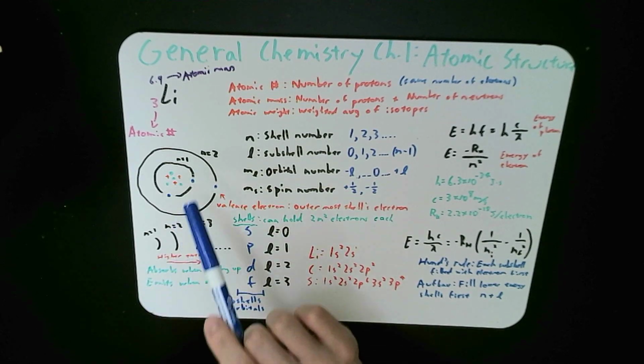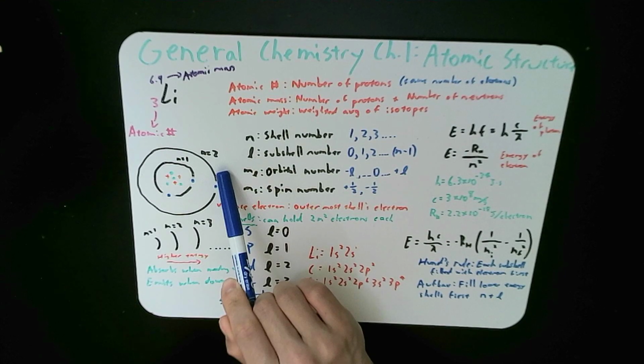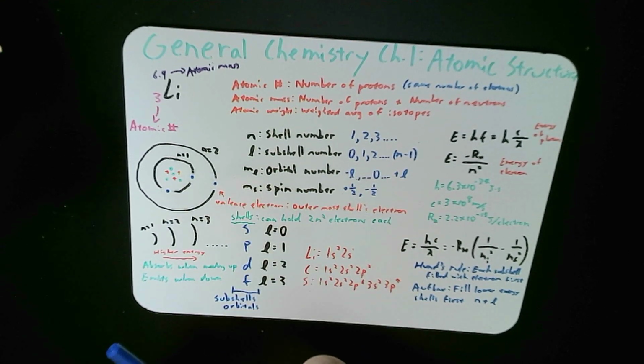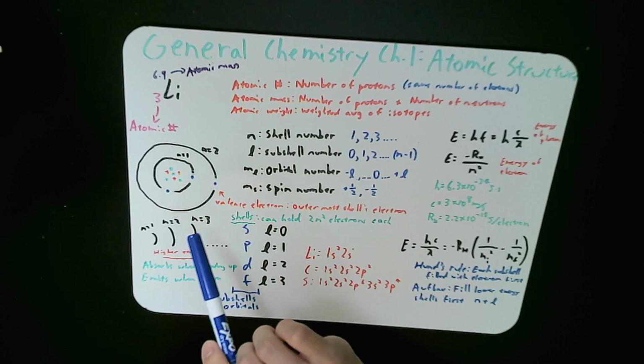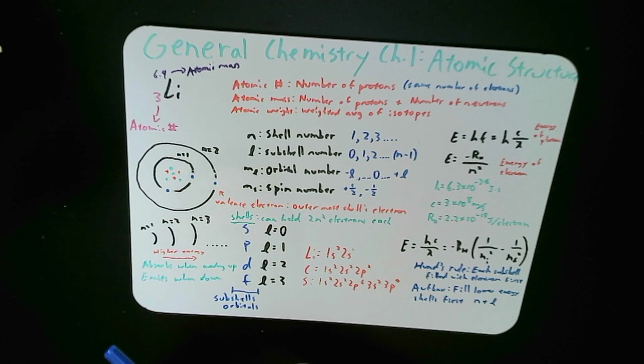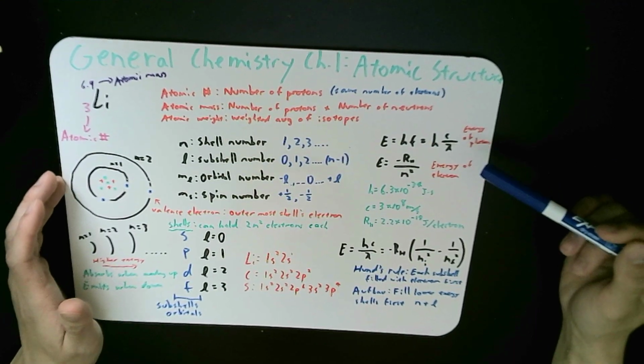So, when an electron jumps from a lower orbital to a higher shell, it gains energy, and if it goes from a higher orbital to a lower one, it emits energy. Now we have several equations to go over.